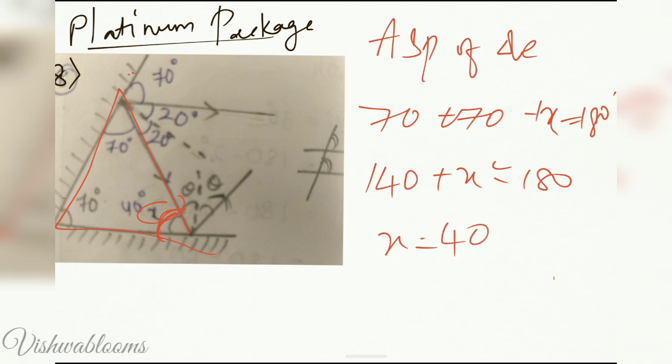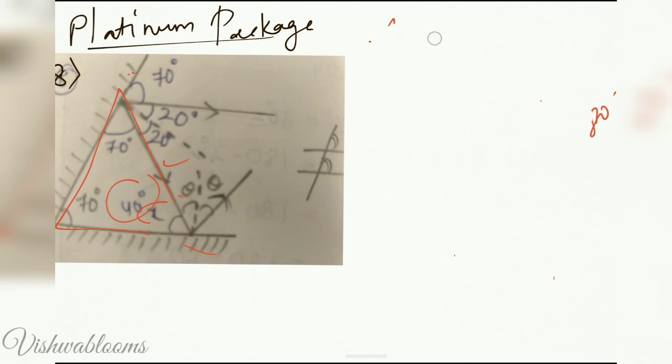So it's 40. Now that also you can just copy it down. Now you know why this is 70, 20, 20, 70 and 40.